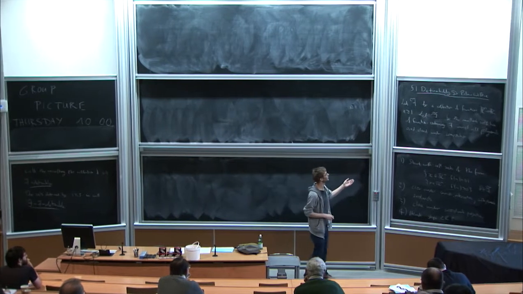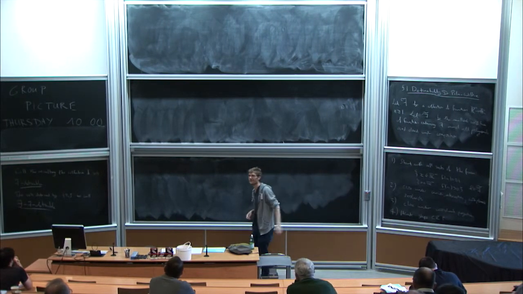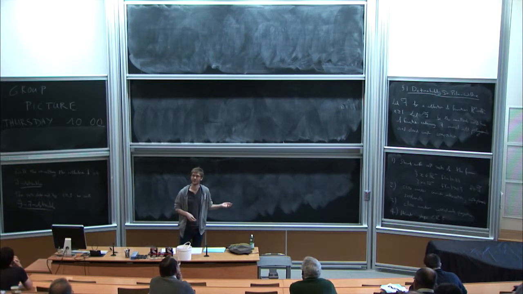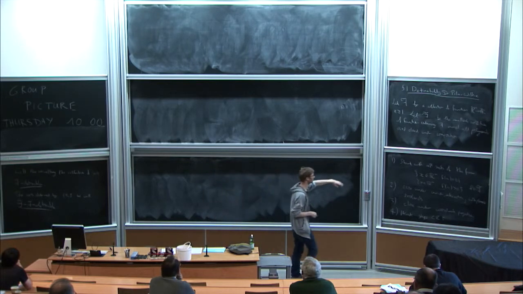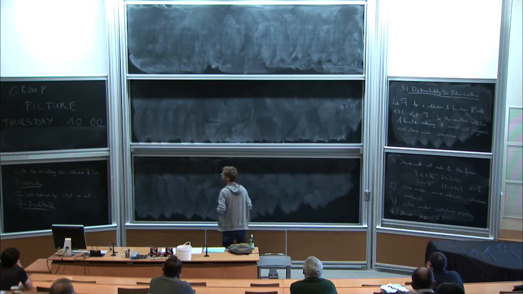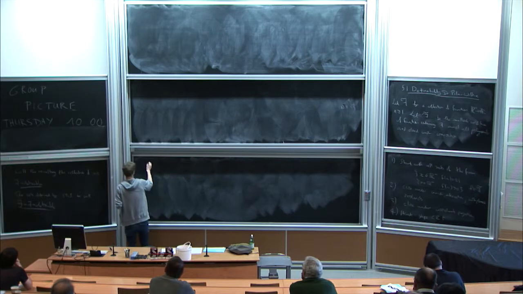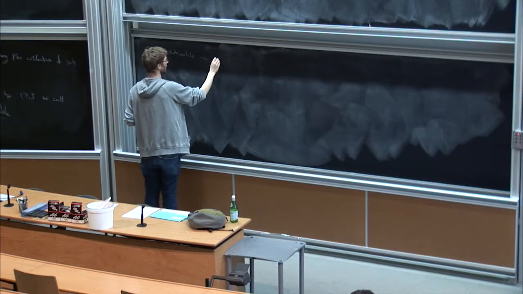So for instance, if I take my original F to be the empty set, I get semi-algebraic sets, because I then add all polynomials and do this. So the empty set definable corresponds to semi-algebraic.